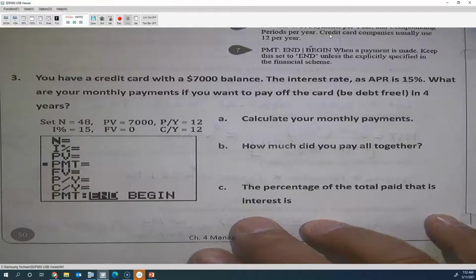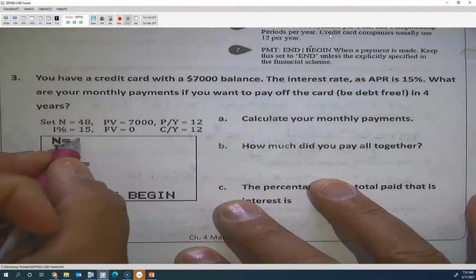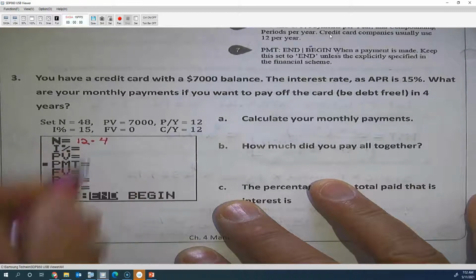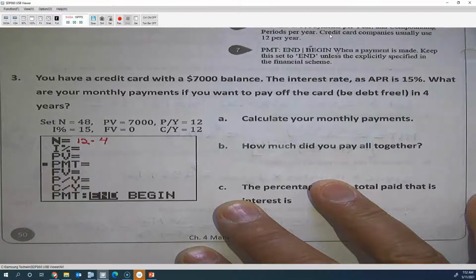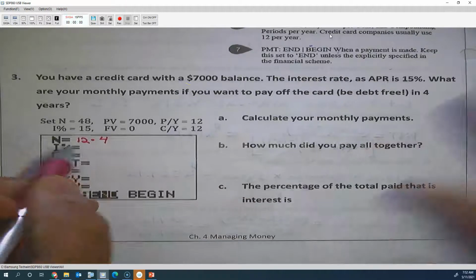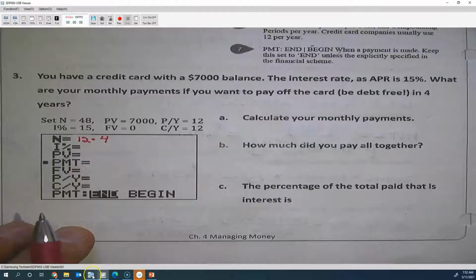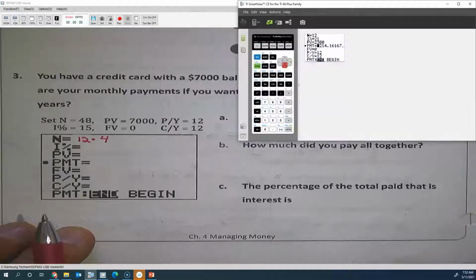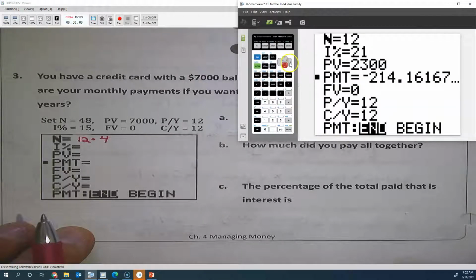All right, so up here, I'm going to put 12 payments times 4 years. And when you're doing this, guys, you can just write right over the last one. Okay, so I can just go up arrow and now go 12 times 4, enter.